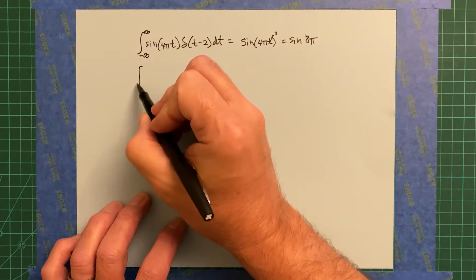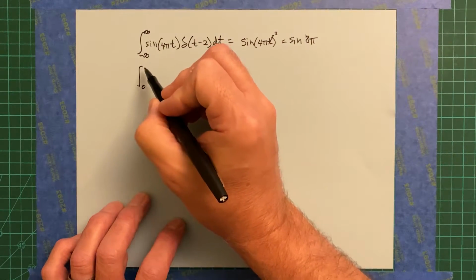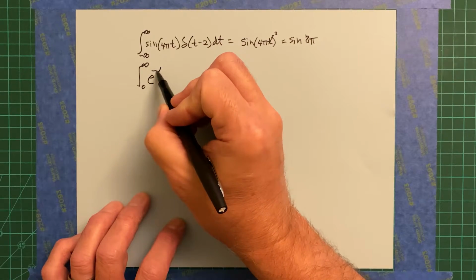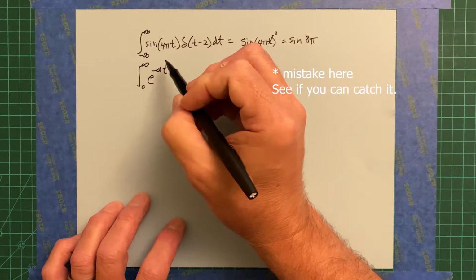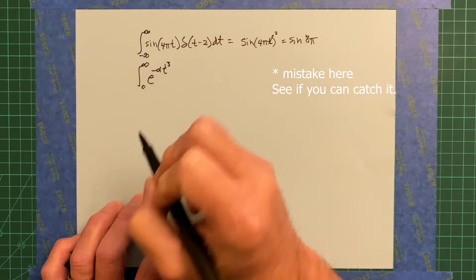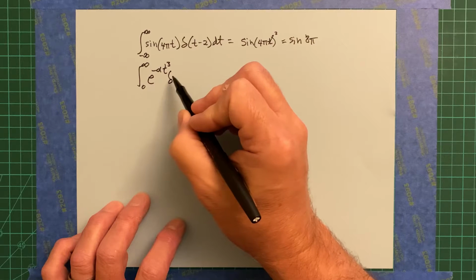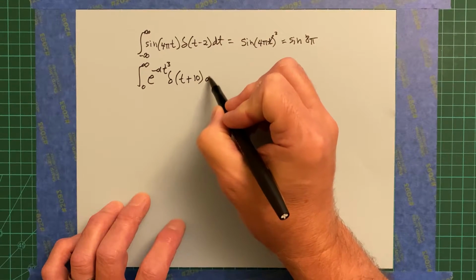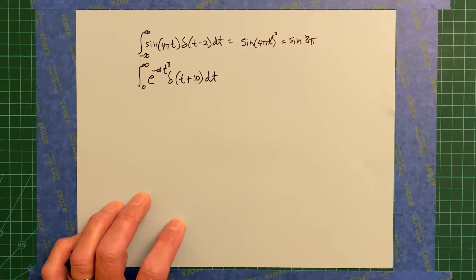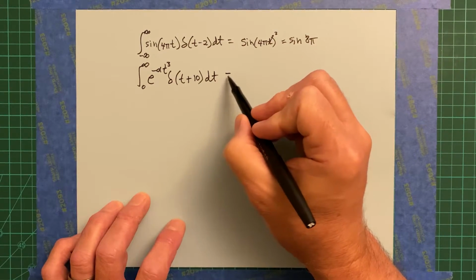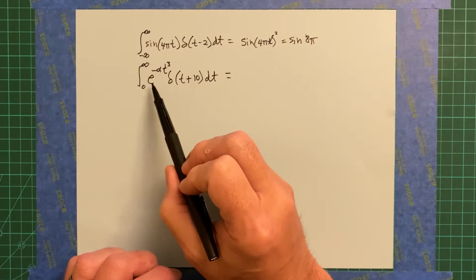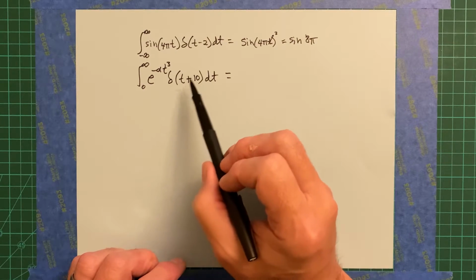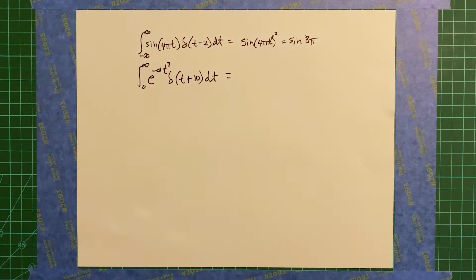Let's do another one. The integral from 0 to infinity of e to the negative alpha t cubed times delta of t plus 10, dt. Okay. Now, what's that going to be? Well, it's going to be the function evaluated at the t where it makes what's inside the parenthesis 0.